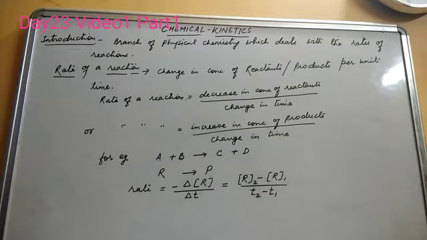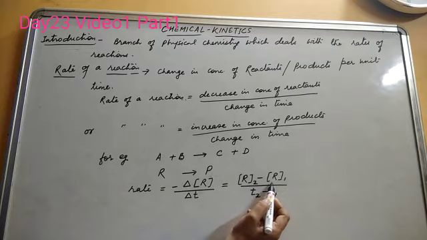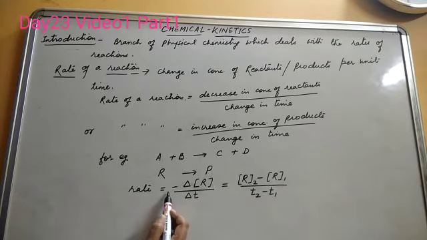Here minus is used because if we write the final concentration of the reactant, which is less, and subtract the previous, greater concentration, we get a negative sign. So we are already writing negative because rate can't be negative.